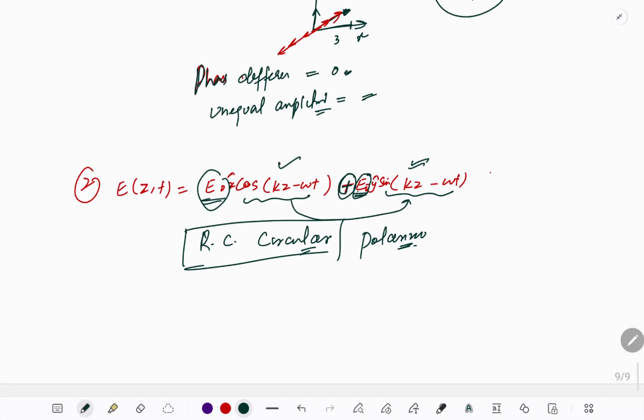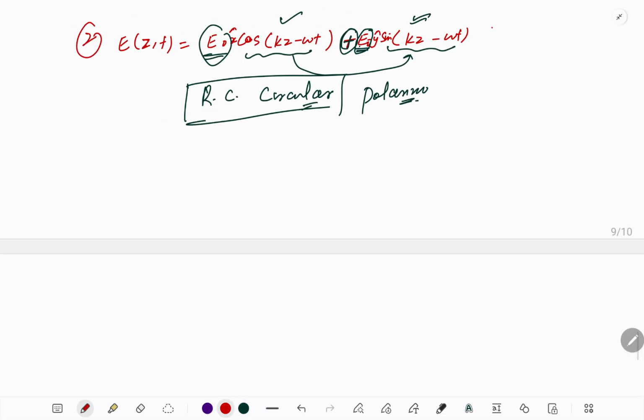Now I'll give you an example of the elliptical one. E(z,t) equals 3 x cap cos of kz minus omega t plus 1 y cap sine of kz minus omega t.